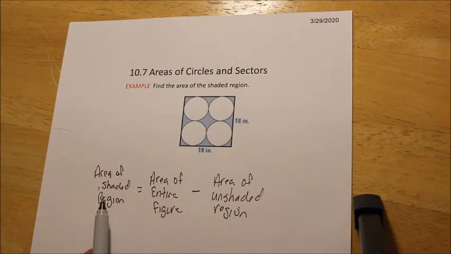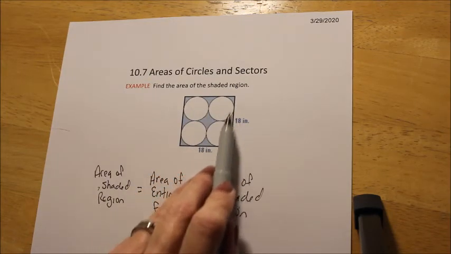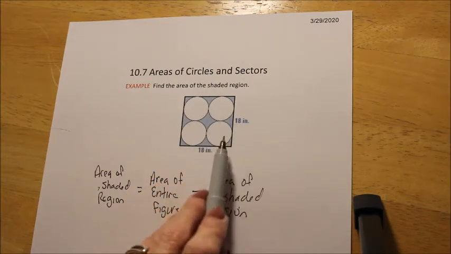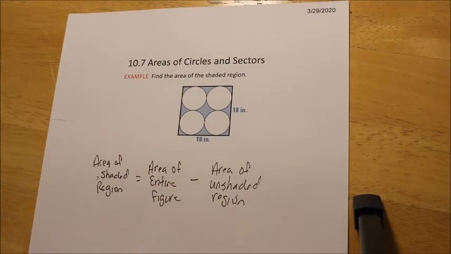And that'll give you the leftover. So if I want the shaded, then I'm going to find the whole thing and subtract all the unshaded, and then that'll give me the area of the shaded region.